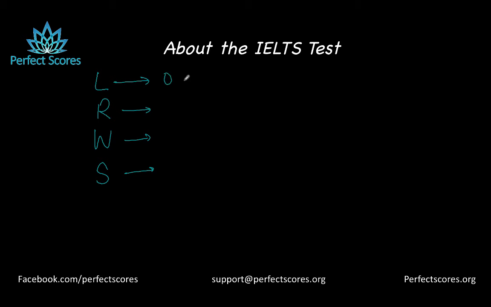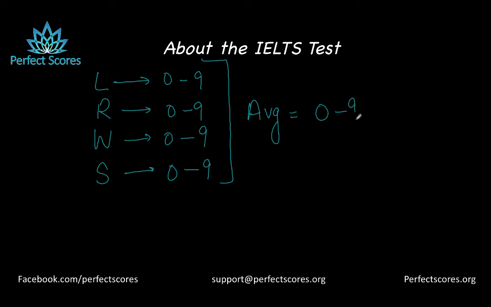So you can be placed from 0 to 9 in listening, 0 to 9 in reading, 0 to 9 in writing, and 0 to 9 in speaking. Remember, these are not scores, these are bands, and the average of them is taken as your final IELTS score. So unlike scoring, for example, if you get 40 out of 40 or 39 out of 40, it does not work like that in bands.